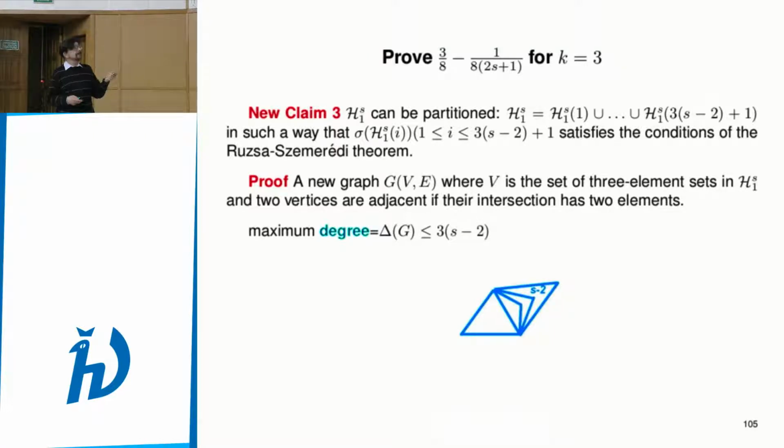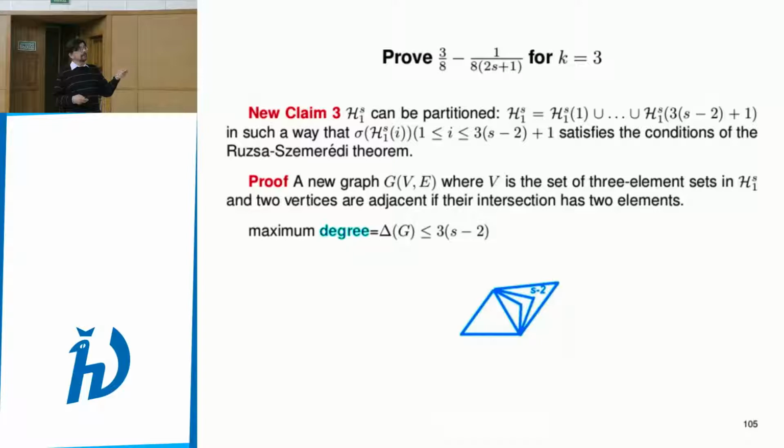I just wrote it today, and so then we can replace 2 by 3 actually, but it makes no difference. So for all 3 edges of the 3-element set, we can have this many neighbors.